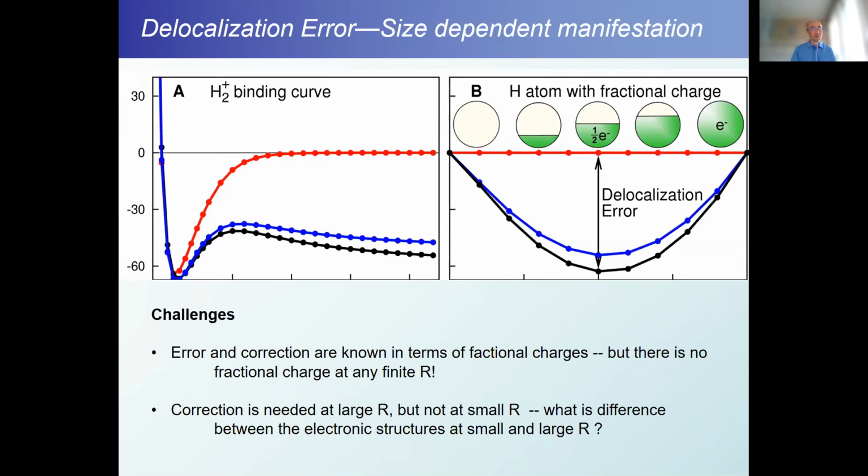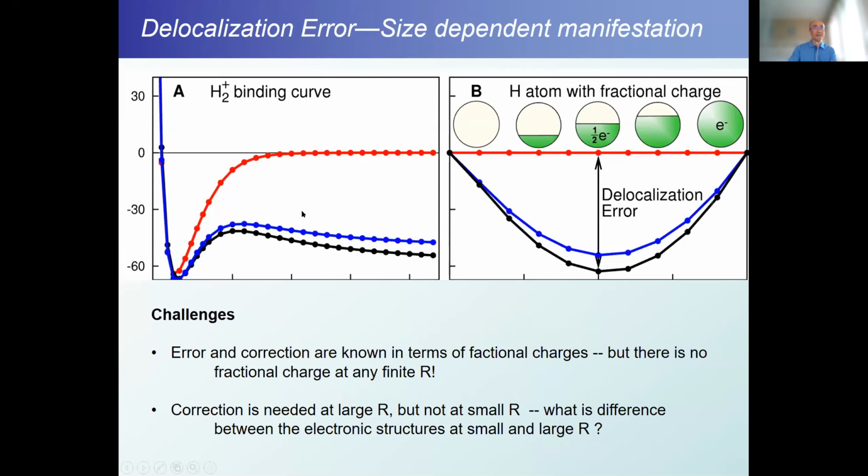And I want to show you why it's so hard. This is a very non-trivial challenge. Take H2 plus as an example. At equilibrium, we have good functional behavior, and we want to keep that, because at large distance we have very large error. So the error and correction are known in terms of fractional charge. We know it at the limit of infinity, but the fractional charges are not defined.